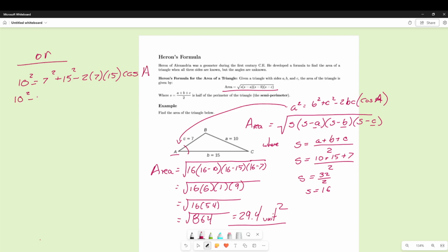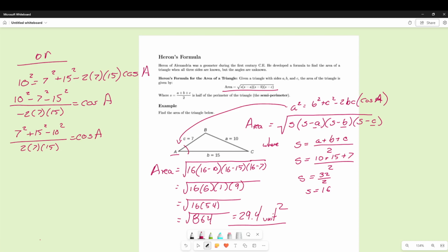So 10 squared minus 7 squared minus 15 squared divided by negative 2 times 7 times 15 equals the cosine of A. I don't like negatives down there, so how about 7 squared plus 15 squared minus 10 squared over, just distribute that negative up, 2 times 7 times 15 equals, no, sorry about that, equals the cosine of A. Sorry about that. Wrangle the pooch.